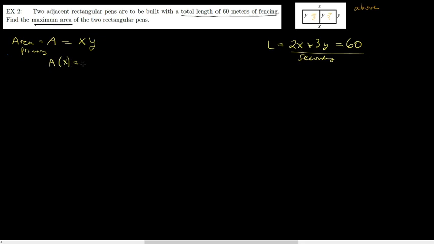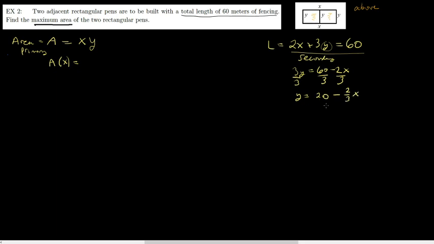If you want this to be in terms of x, we're going to solve this for y here, right? So we get 3y is equal to 60 minus 2x, and then when you divide both sides by 3, you get that y is equal to 20 minus 2/3 times x.